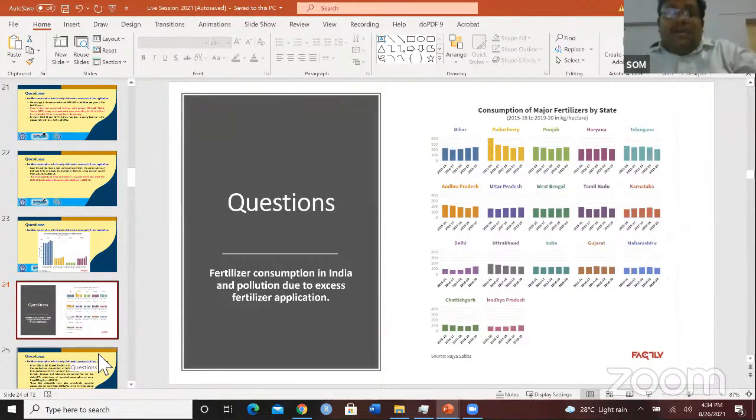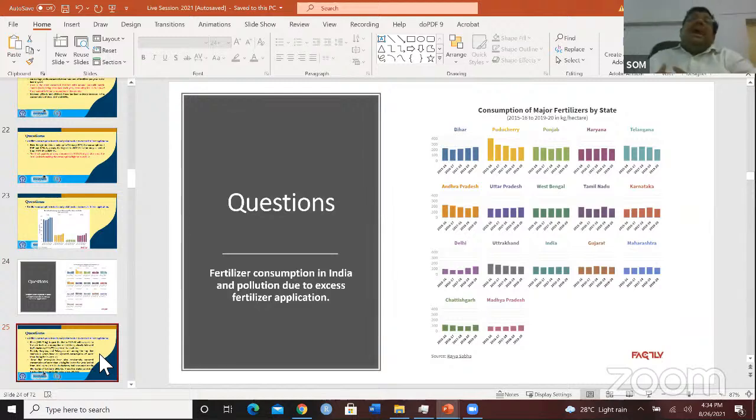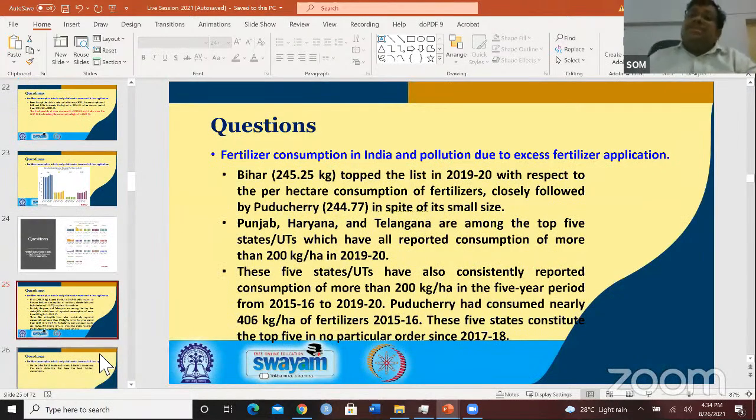Now if you see the overall picture, Bihar topped the list in 2019-20 with respect to per hectare consumption of fertilizers, closely followed by Puducherry in spite of its small size. So Puducherry has a high amount of fertilizer application.